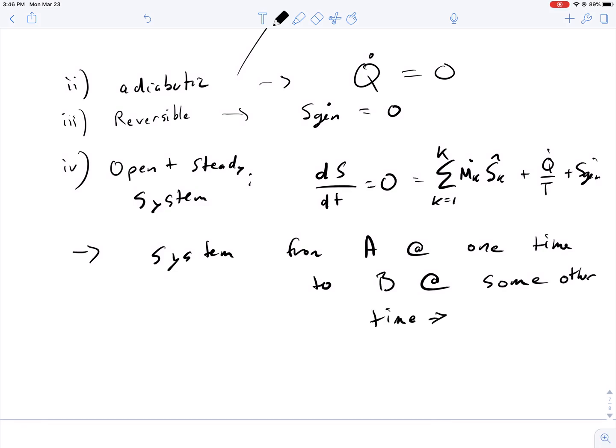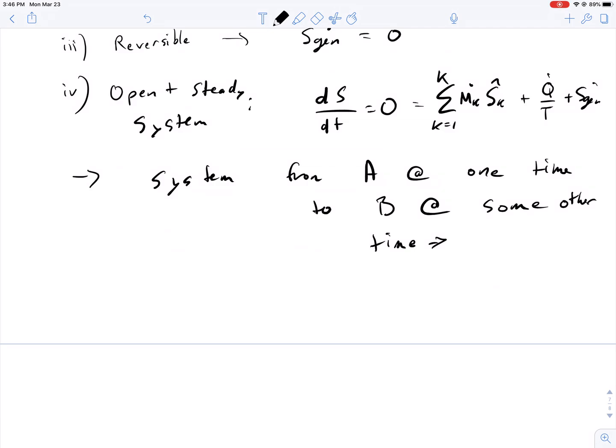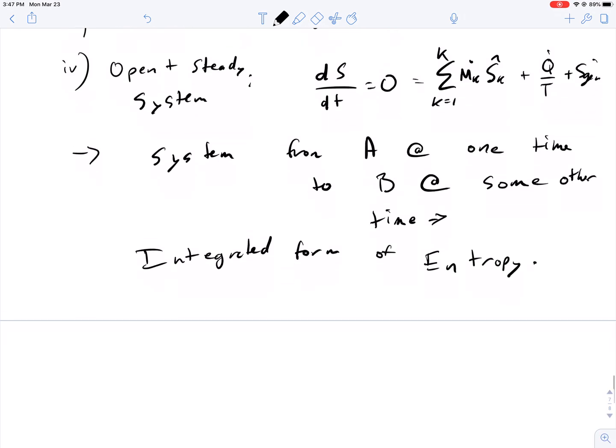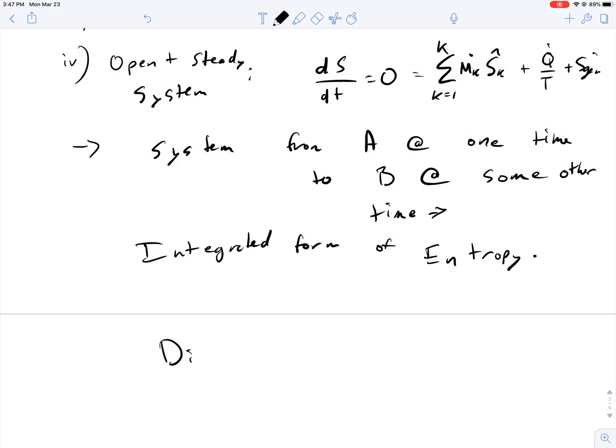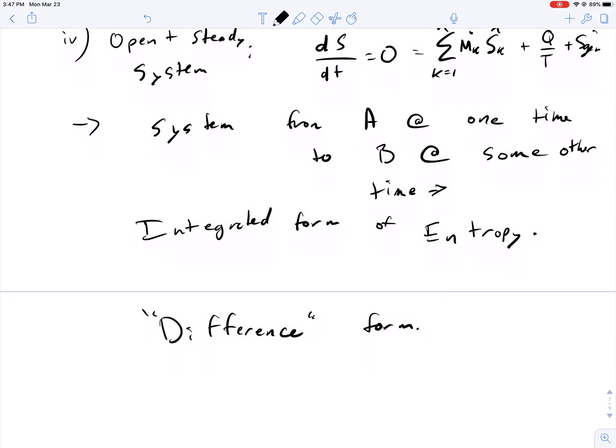It will be helpful to have the integrated form of entropy balance, also called the difference form. Because after a certain amount of time, you ask the question, what's the difference?